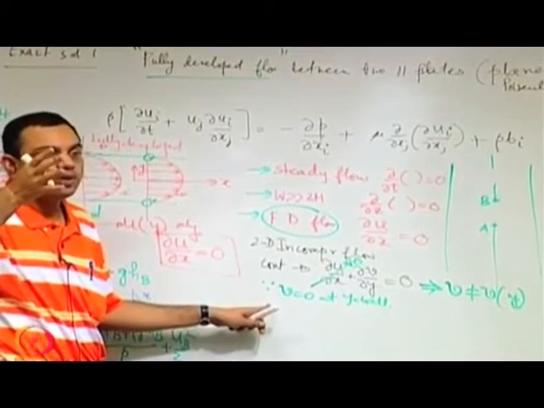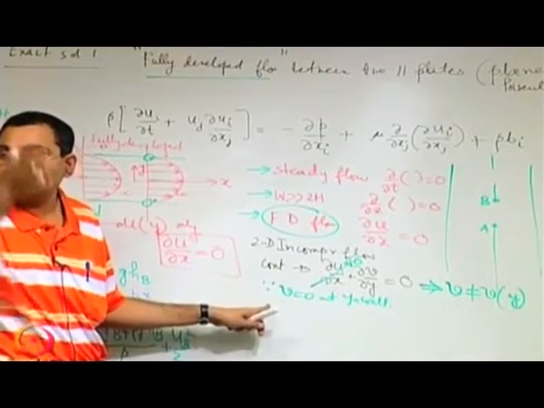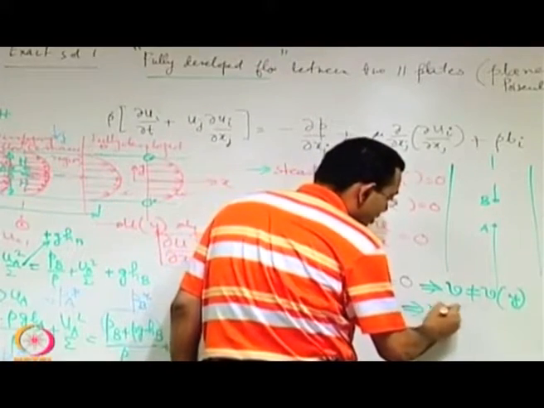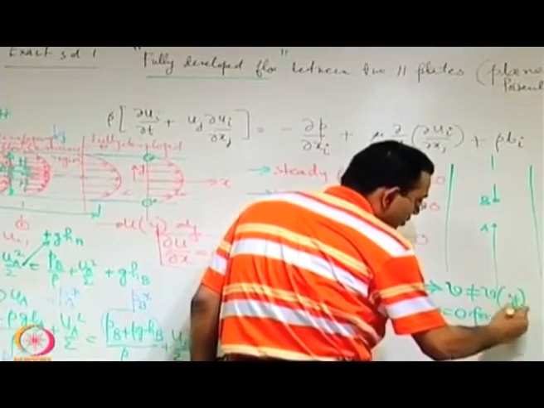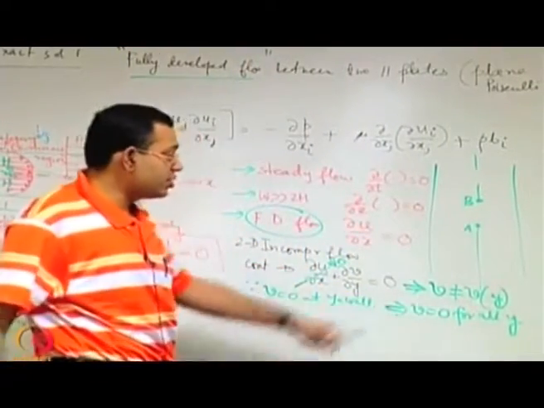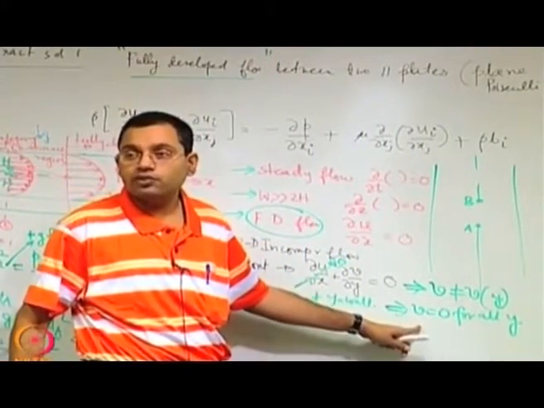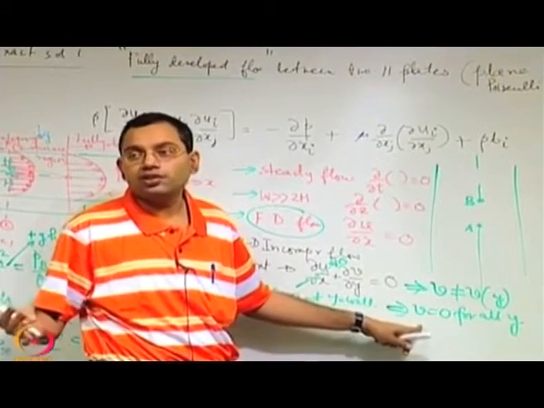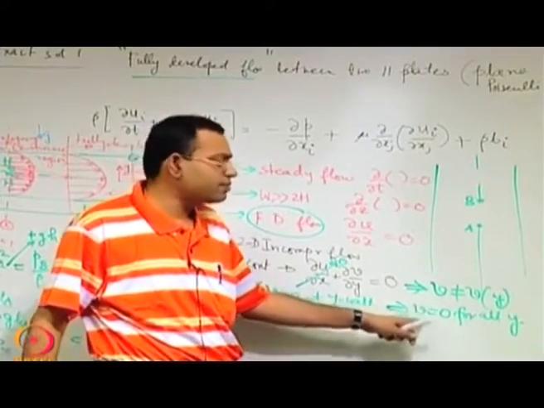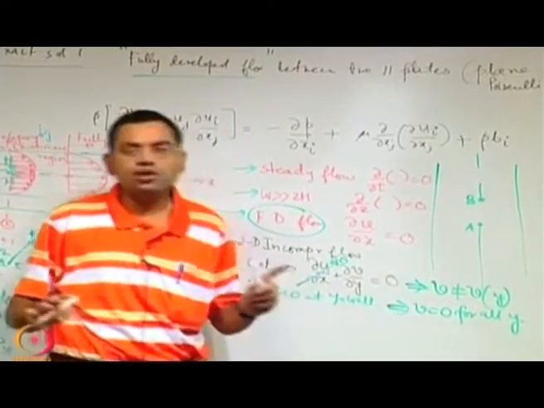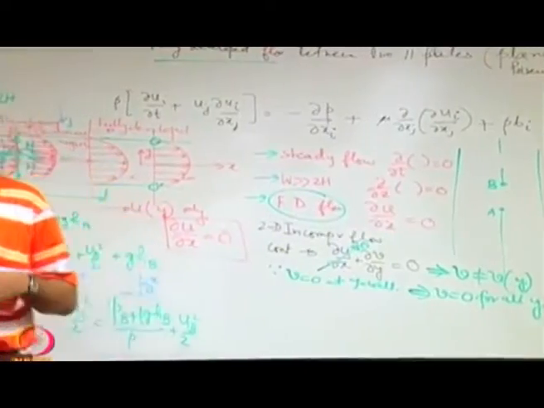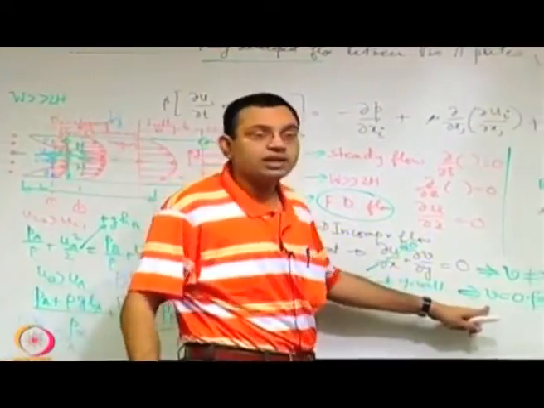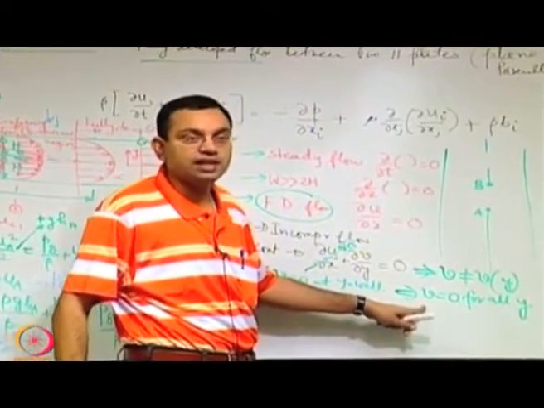When we say that V equals 0, this is not an approximation, it is identically equal to 0. Later on we will come to certain situations where V is much less than u, that is V is not 0, but we may consider it to be 0 as compared to u. Those are different cases. This is a case where it is not an approximation, it is just an exactness.